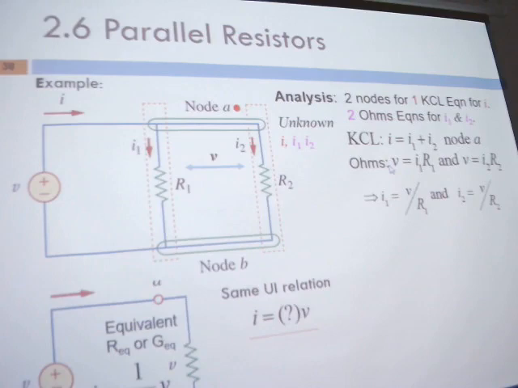And from Ohm's law, from this block and this block, we have V equal to I1 times R1 and V equal to I2 times R2. And we can get I1 equal to V over R1 and I2 equal to V over R2, right?